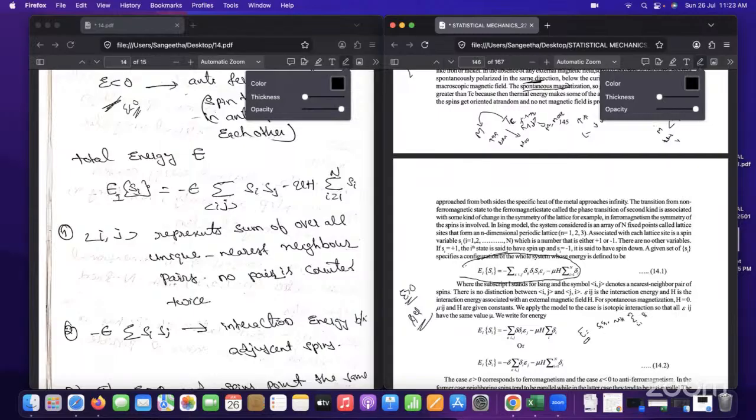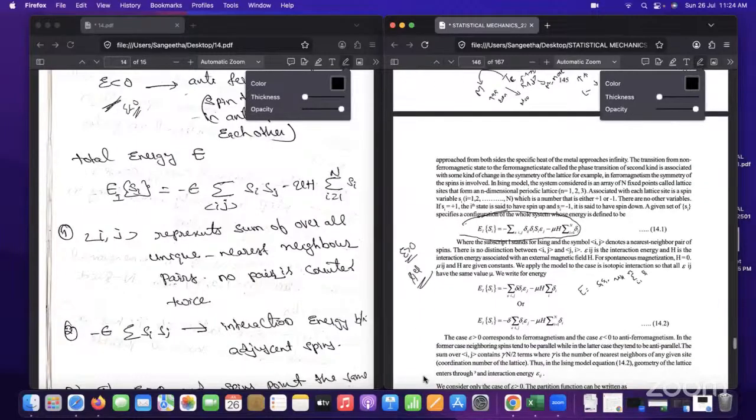Here ij represents the sum over all nearest neighboring pairs, minus epsilon times S_i S_j, the interaction between the adjacent spins.